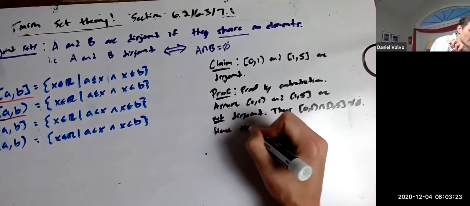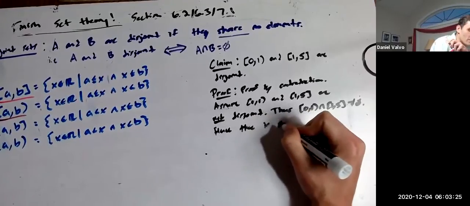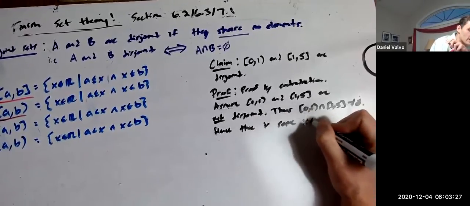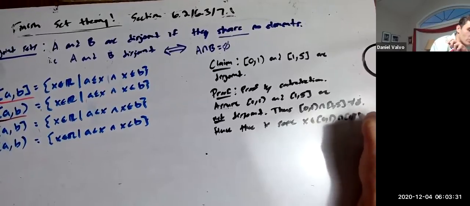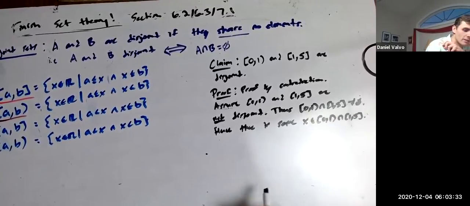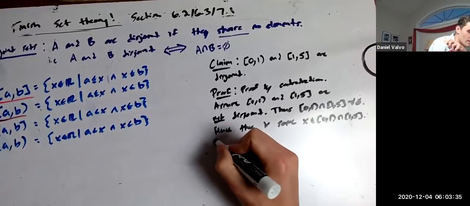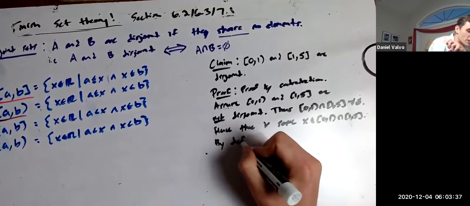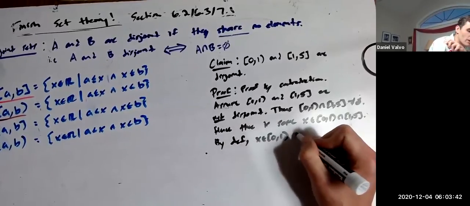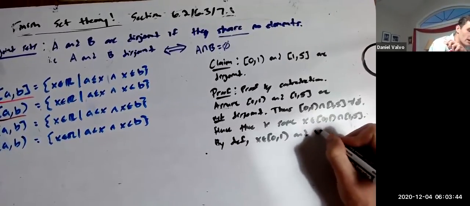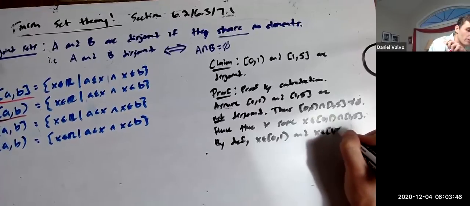Hence, there is some x in [0, 1) intersect [1, 5]. But then by definition, x is in [0, 1), and x is in [1, 5].